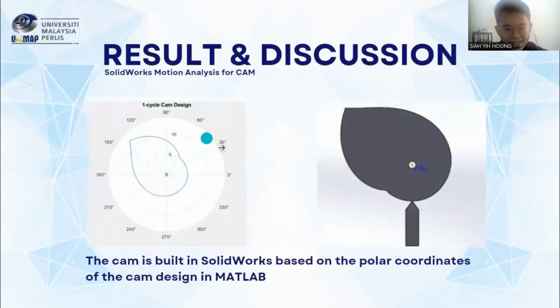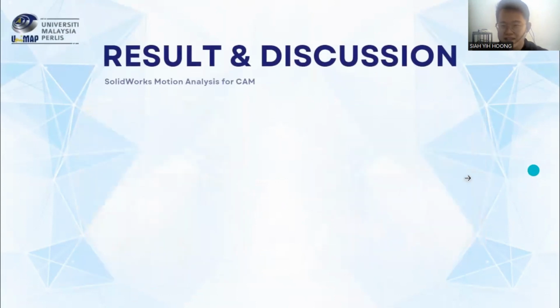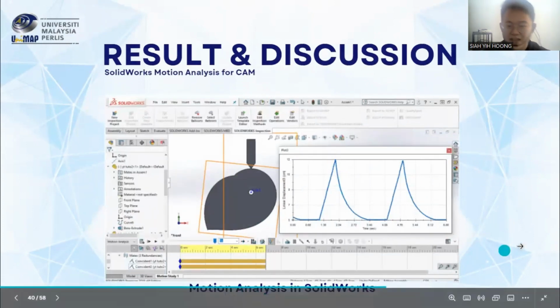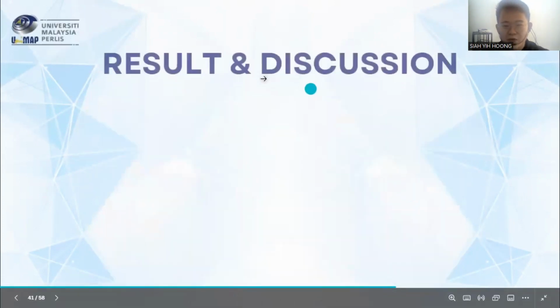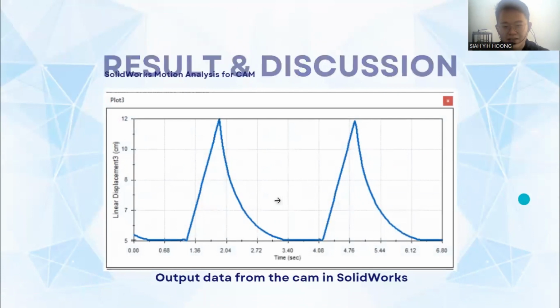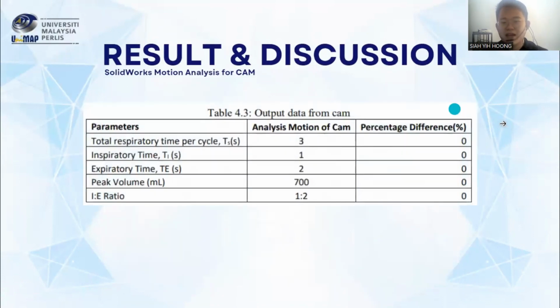So after that, we're going to enter the results and discussions. The design was exported into SolidWorks, and a few analyses were carried out. So this motion analysis shows 0% error.